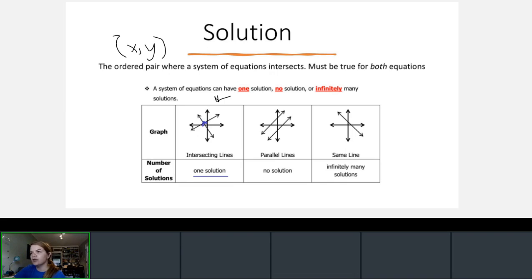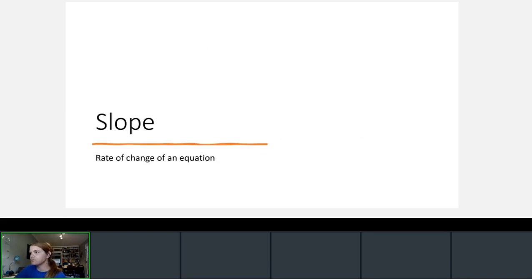If they are parallel lines, meaning they have the same slope, they're never going to cross, so we're never going to have a solution. That would be no solution. And then sometimes we have the same line graphed on top of itself, so that's technically 2 lines there. In that case, every single point on the line is a solution, so we would have infinitely many solutions.